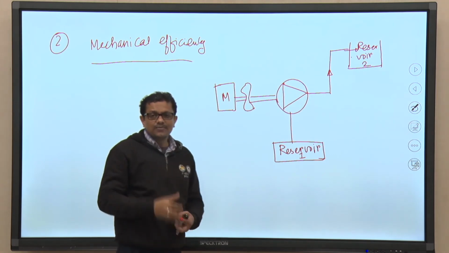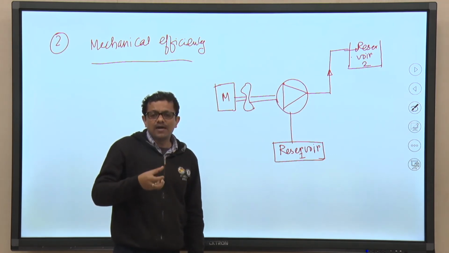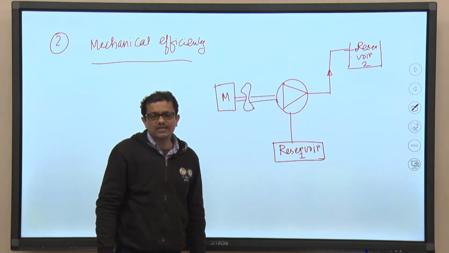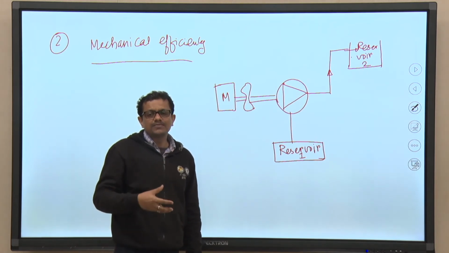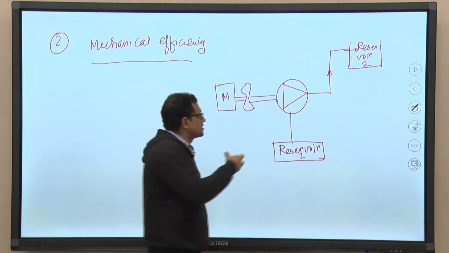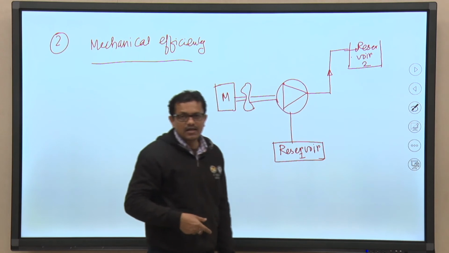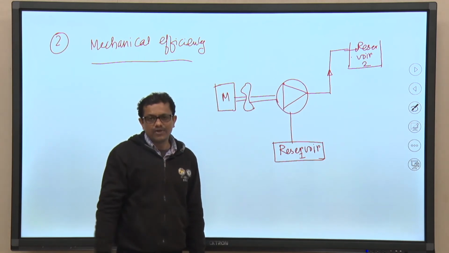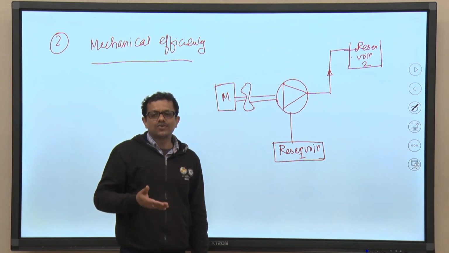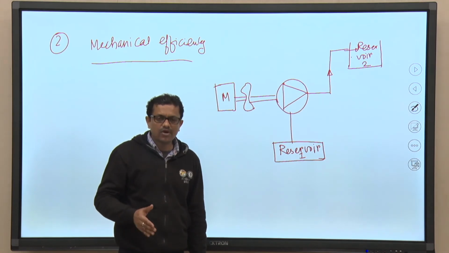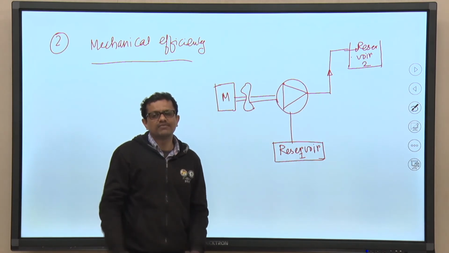So, that means if we try to recall, in a pump we need to supply input energy, and that energy is used to run this impeller, and because of this impeller rotation it does work on the fluid being handled by the pump, and it increases the stored energy of the fluid, I can say in the form of both pressure and velocity.